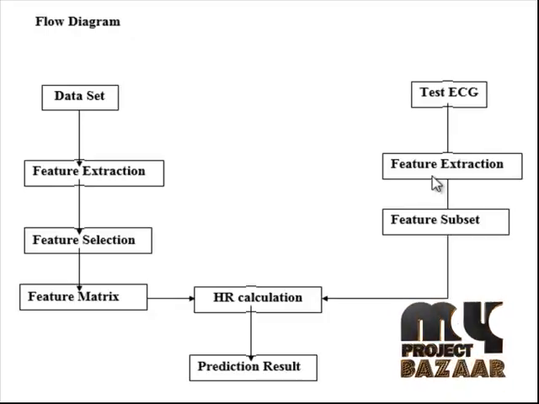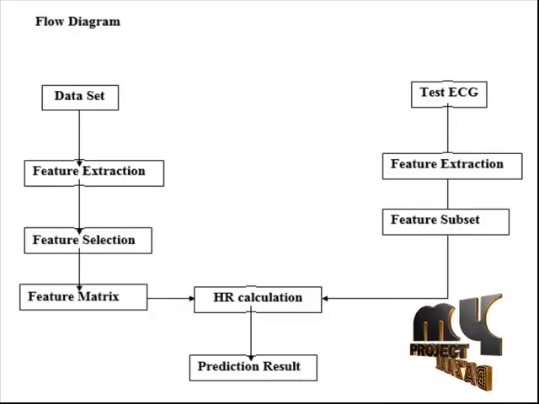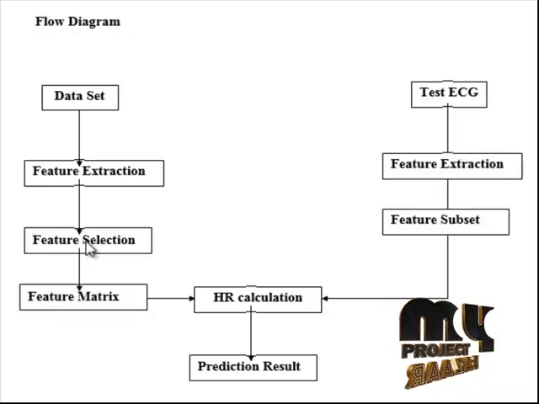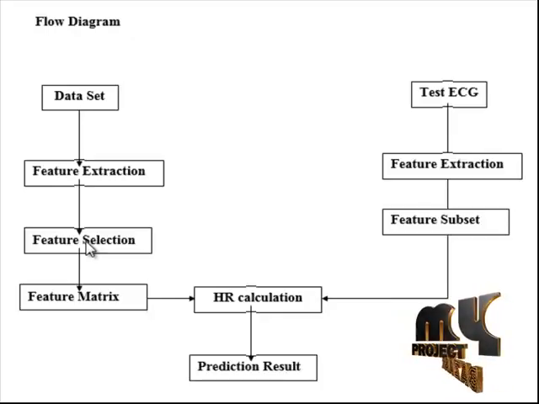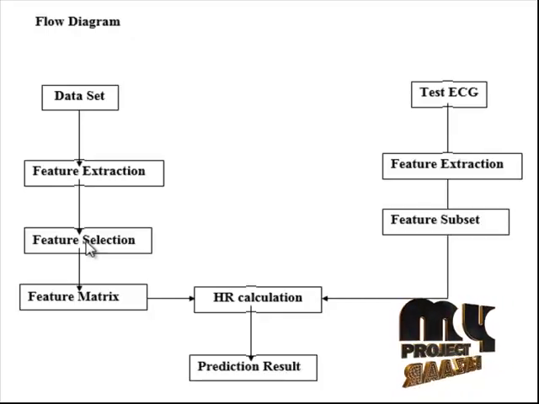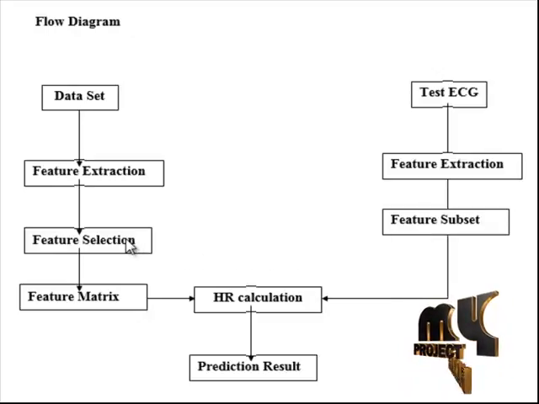Next, in the feature selection phase, automatic feature selection is an optimization technique that, given a set of features, attempts to select a subset of a given size that leads to the maximization of some criterion function.